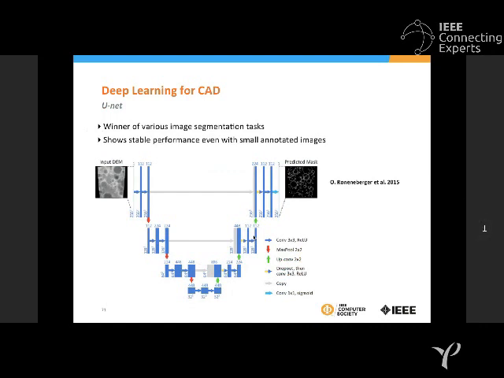This particular structure is a U structure. If you look at this process, you will see that the data gets contracted in the first half of the U, and gets expanded in the second half of the U. Also there is a line between these layers, which means this network uses the outcome of an earlier layer as an input to a later layer.